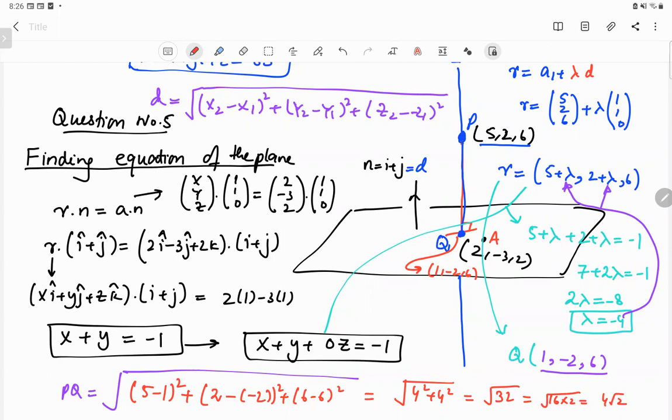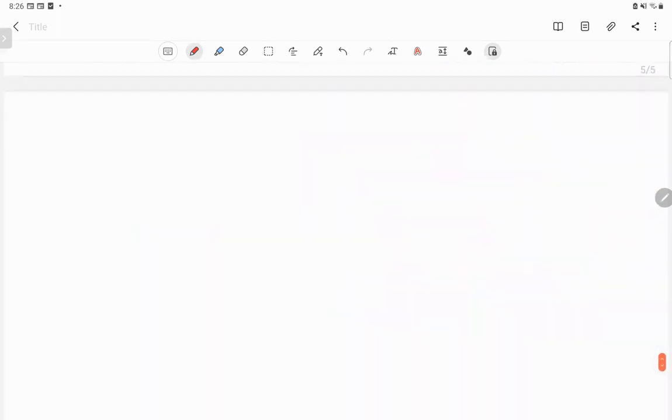Now I'm going to explain the concept that Safi is pointing out. Let us suppose this is a plane, okay?